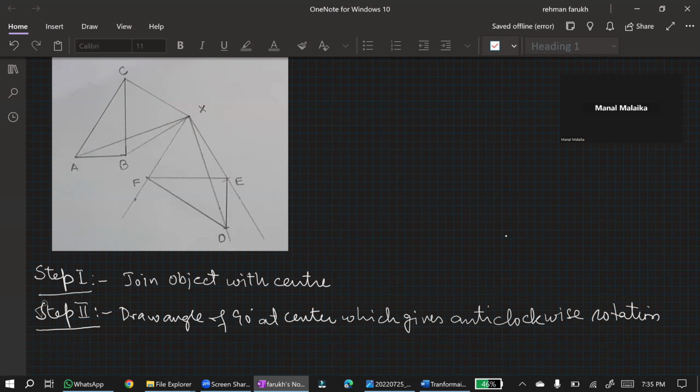This is a very important step: place the protractor in such a way that it will give an anti-clockwise rotation.